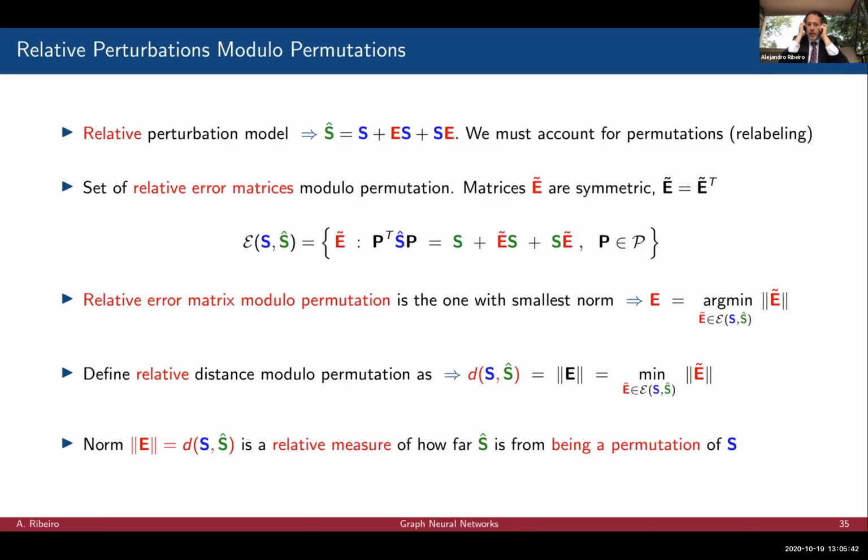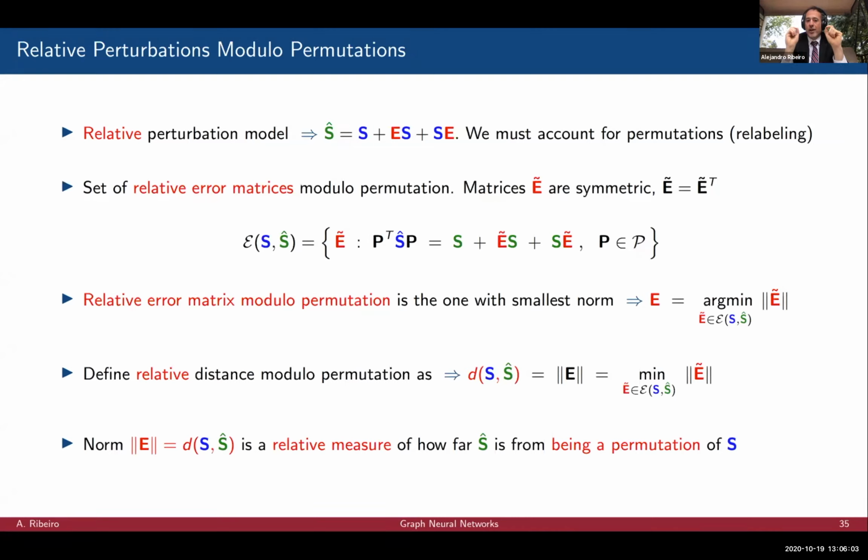As we did before, we can define this set of relative error perturbation matrices. I am considering here all possible permutations of the graph S hat. And the relative error matrix modulo permutation is the one in this set which has the smallest norm. Therefore, what I'm searching for here is the following.